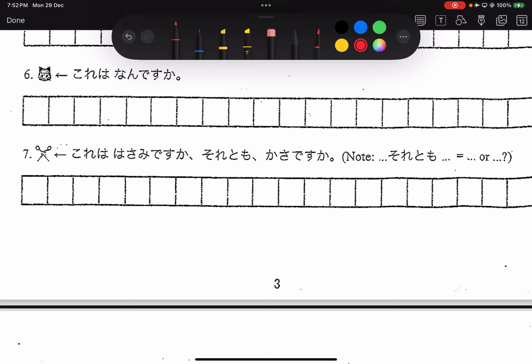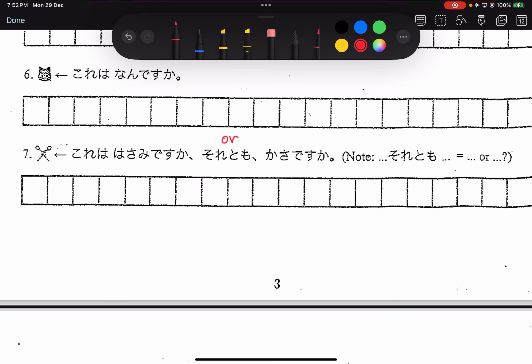Okay. これはハサミですか? それとも傘ですか? それとも. Did we learn that? I think we did in lesson 1 or 2. それとも means or. So これはハサミですか? それとも傘ですか?